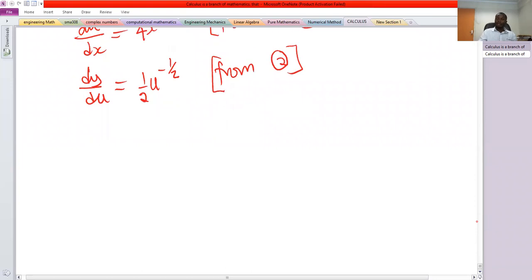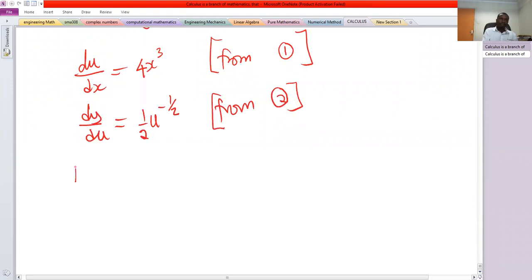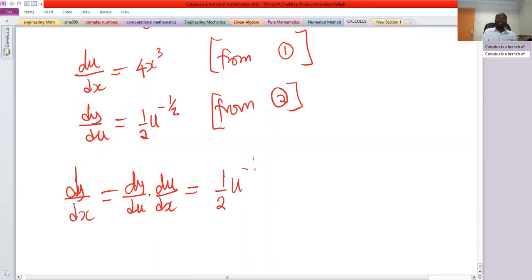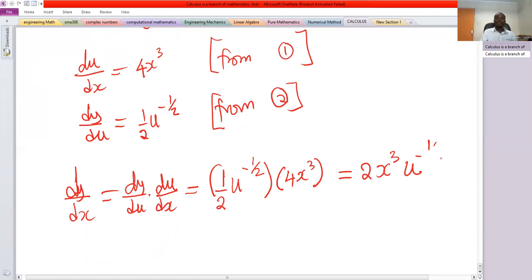So from definition of dy dx, which is dy du times du dx, a half u raised to minus a half times 4x power 3. When you simplify this one, 2 and 4, 2 times, will be 2x power 3 u raised to minus a half.